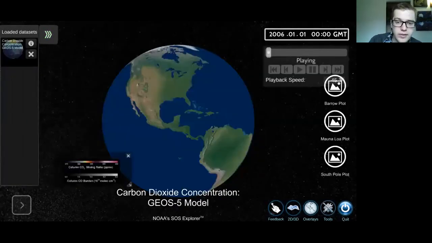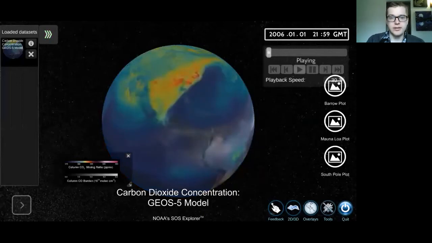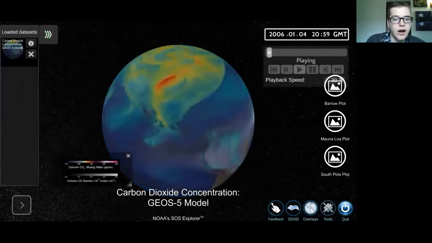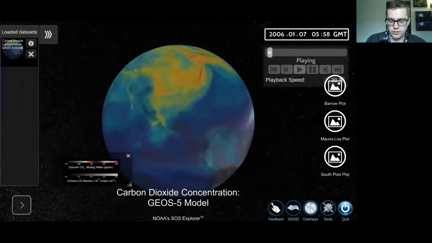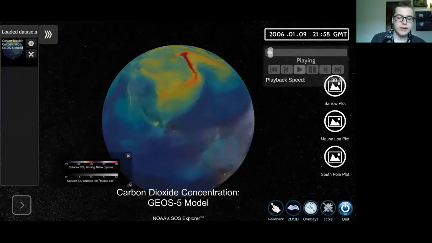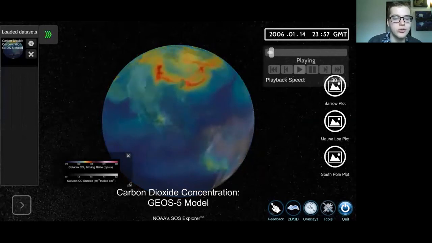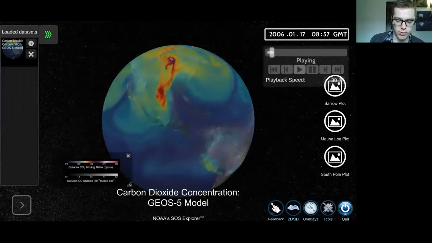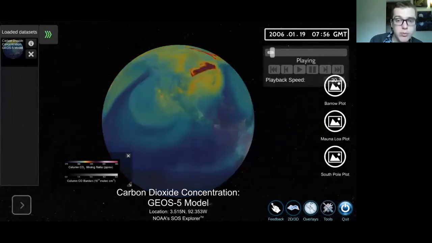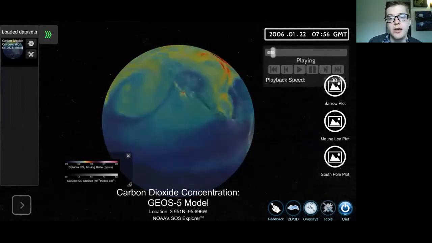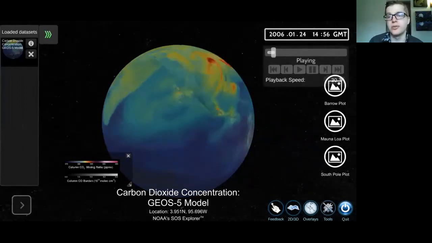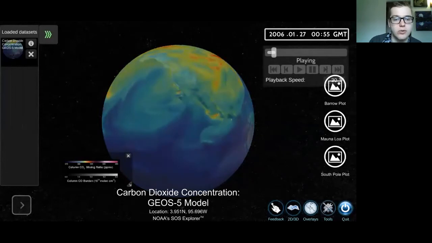And so when we look at this data set, you're going to be able to see a lot of these different colors here. You can see there's areas that are red, blue, green. There's a little key down at the bottom that says CO2 mixing ratio, parts per million. And parts per million basically just means, if you had 1 million particles, how many of those particles are CO2.